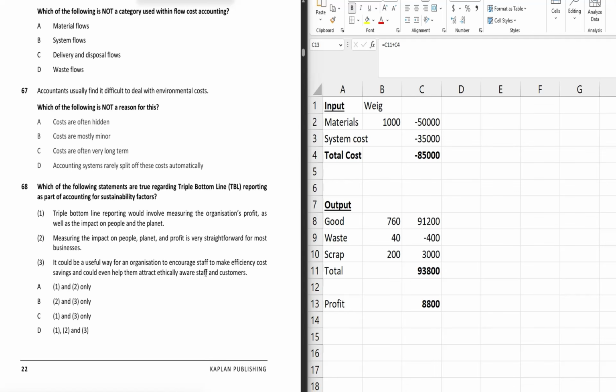Sorry, to reduce the wastage. Also, it will help to attract those kinds of employees who really care about ethical and sustainable business, and attract customers who prefer to buy environmentally friendly products from a socially responsible company. So this is true according to TBL, the triple bottom line.